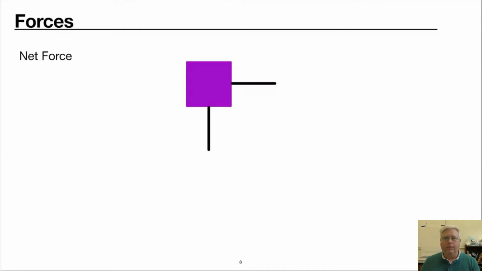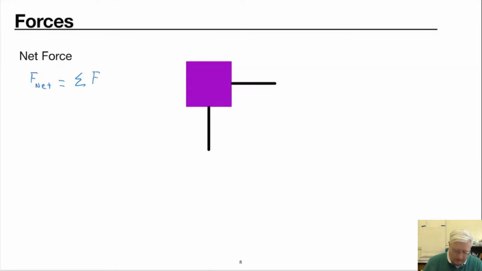And so we can represent the net force as a capital F for force, and then a subscript net. Since it's all the forces, sometimes we call it the sum of all the forces, so we can use the mathematical symbol for sum, that capital sigma, and it's a sum of all the forces.